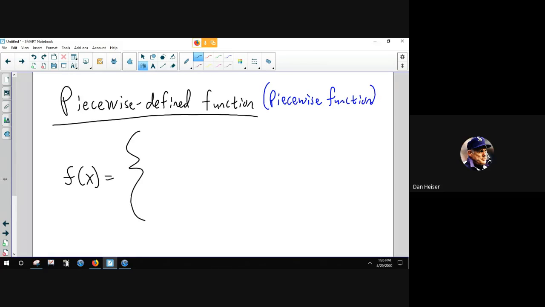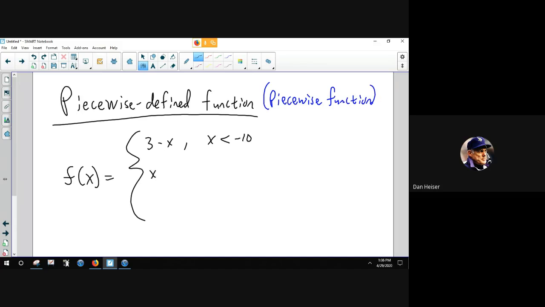For example, I'm going to define f of x to be, I'll just make one up here on the spot. 3 minus x if x is less than negative 10. So whenever x is smaller than negative 10, f of x is 3 minus x.